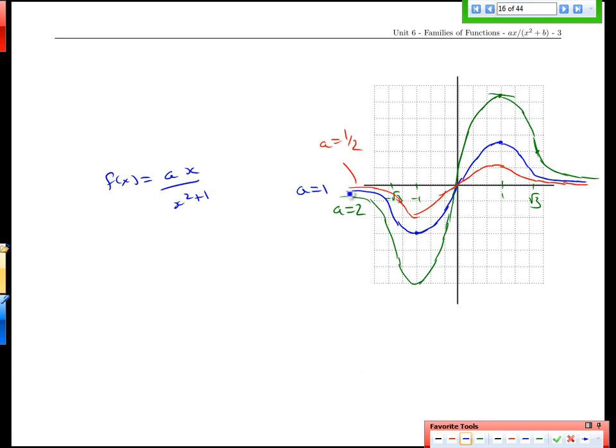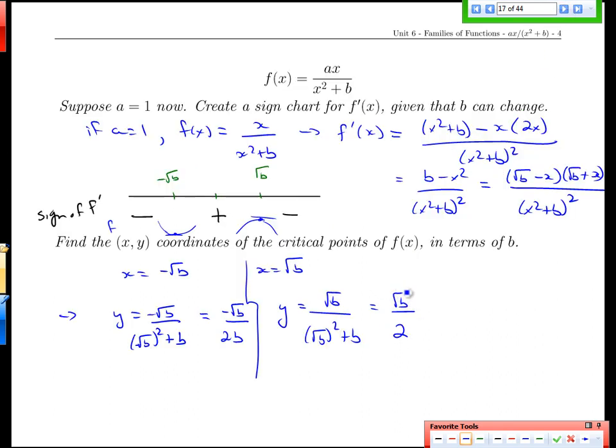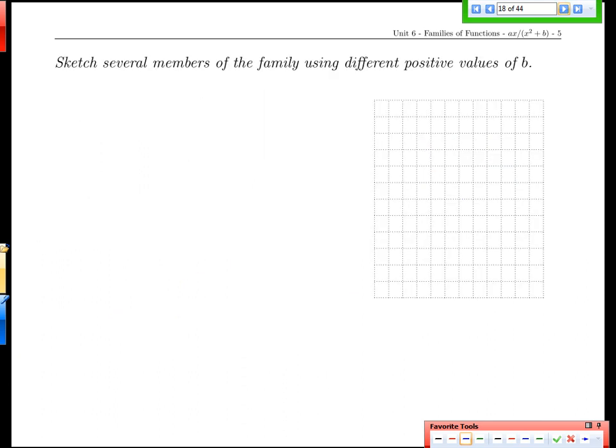Going back a step, we're going to have the same shape, but changing this term in the denominator is going to move the location of the critical point, and it's also going to change the y-coordinate of it as well. Here's the y-coordinate, and if we change b, we're going to get the height also being scaled as b changes. So let's see how that works out.